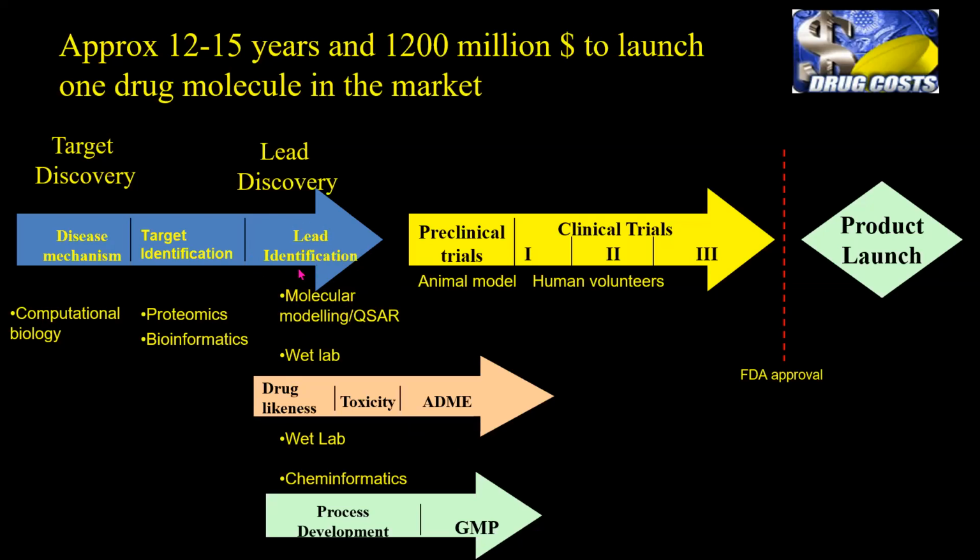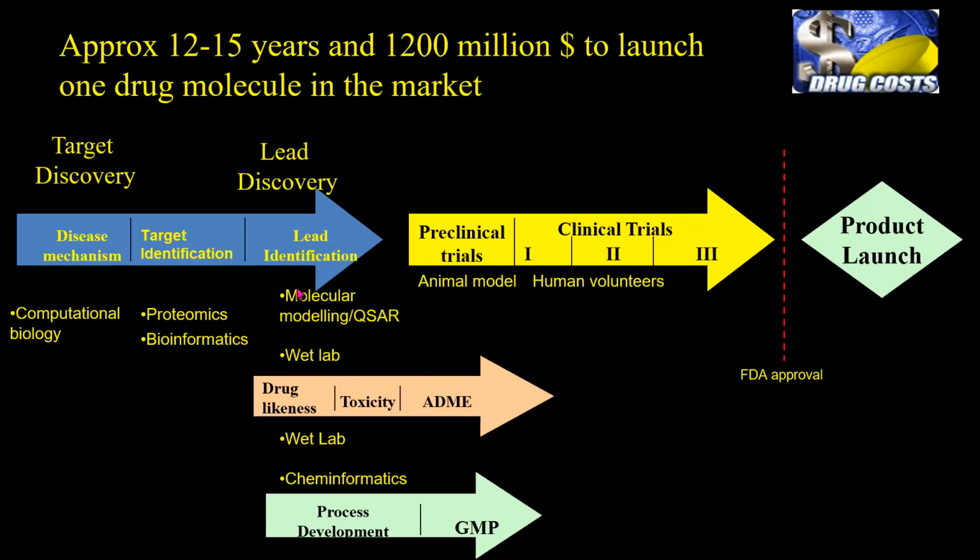Now, simultaneously, because 94 or 95% of drugs fail because of poor biopharmaceutical properties, we also have to determine the drug likeness properties, toxicity properties, and ADME properties: absorption, distribution, metabolism, excretion. Of course, they are determined experimentally in the lab, but we can also use computational tools to predict these properties simultaneously.